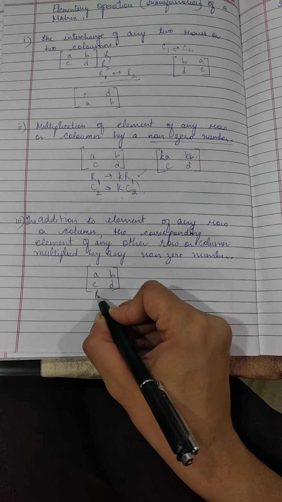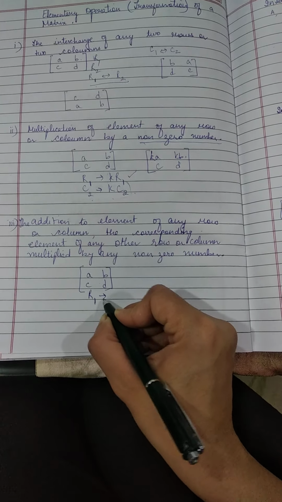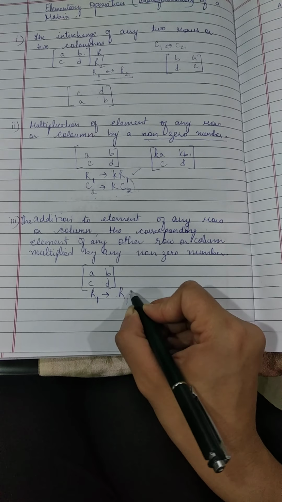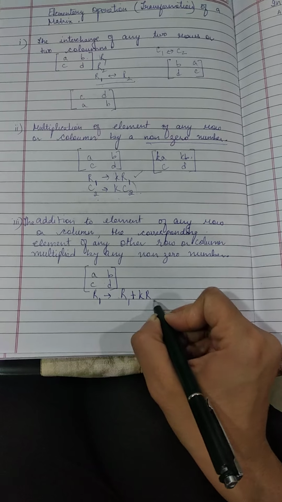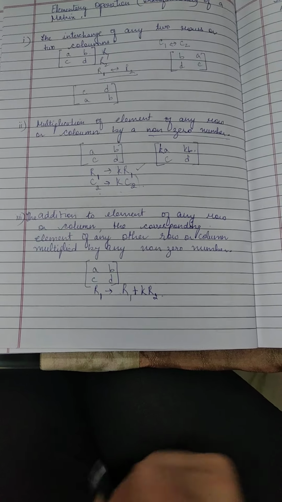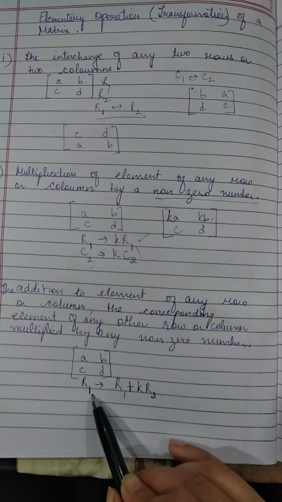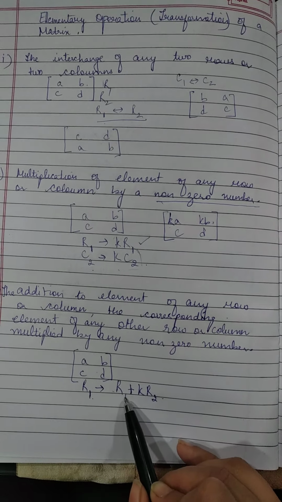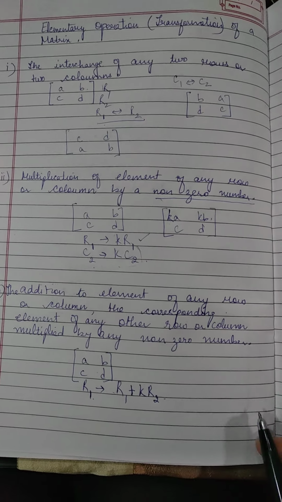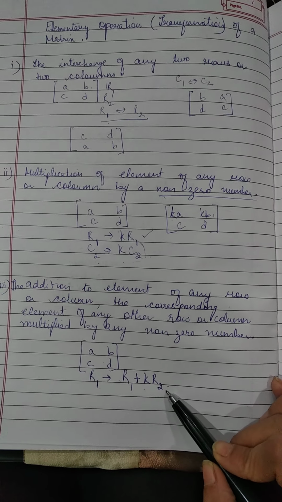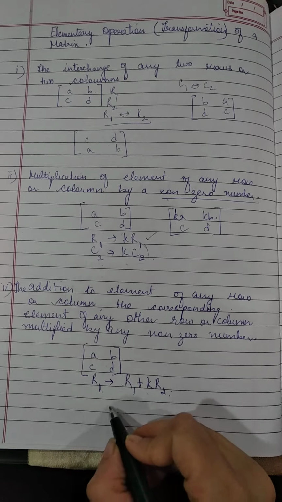I can apply an operation on R1, that is R1 plus K R2, right? This means I'm applying an operation on R1, and what is that operation? All elements of R1 are added to a scalar multiple of R2. So what do I get in return?